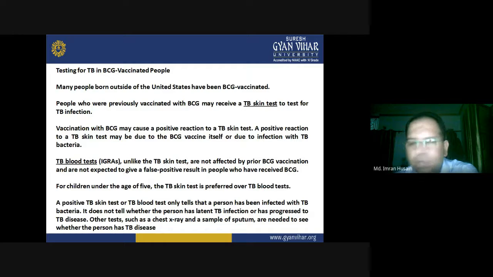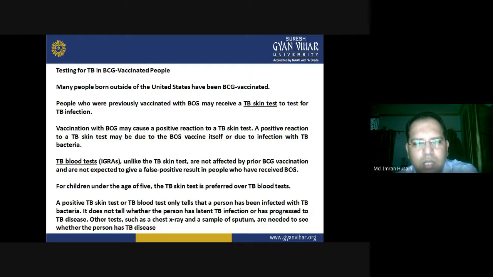Testing for TB in BCG vaccinated people. Many people born outside of the United States have been BCG vaccinated. People who were previously vaccinated with BCG may receive a TB skin test to test for TB infection. The vaccination with BCG may cause a positive reaction to a TB skin test.